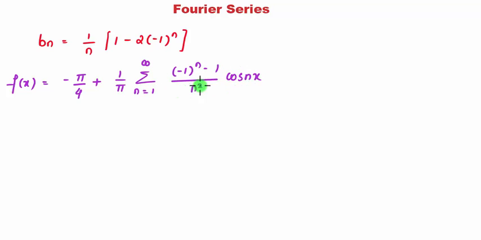So that is just a substitution of An. Now next will be plus summation n equal to 1 to infinity, 1 minus 2 minus 1 raised to n divided by n sin nx. So here I substituted my whole f of x.